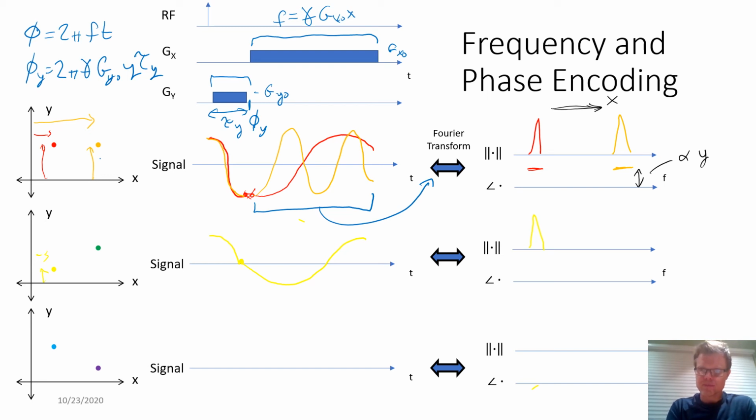Excuse me. Come on, pen. So if I've drawn that correctly, the phase accumulation when we start the acquisition is smaller than it was for the first configuration of the red and the orange. And this is going to become more obvious when you compare it to the green here, which has a higher offset in y. So it's the same as the red and the orange object, so it's going to have a large phase accumulation during the phase encoding gradient.